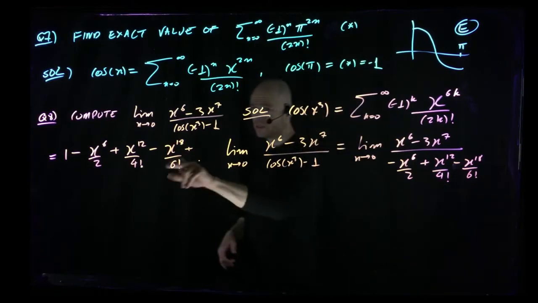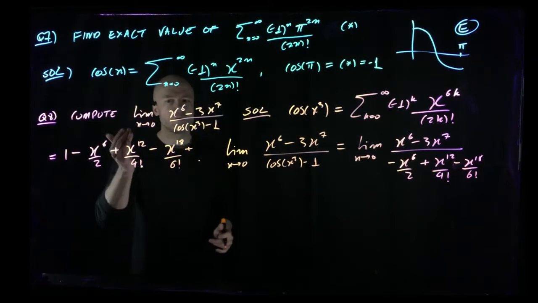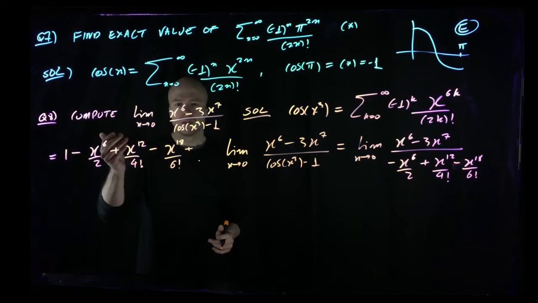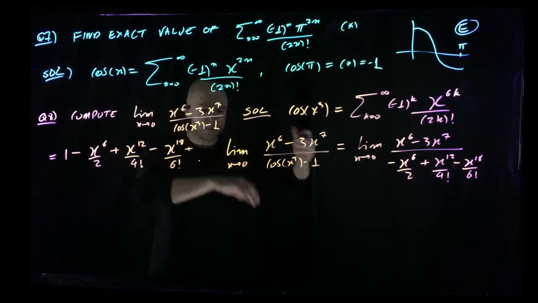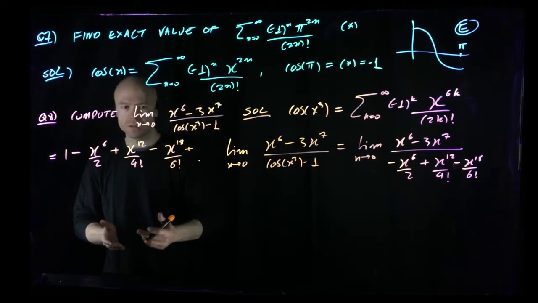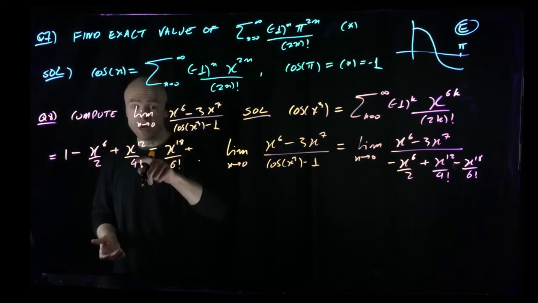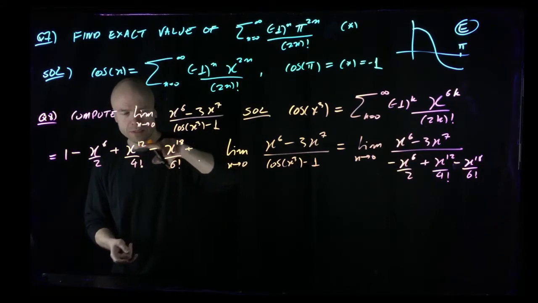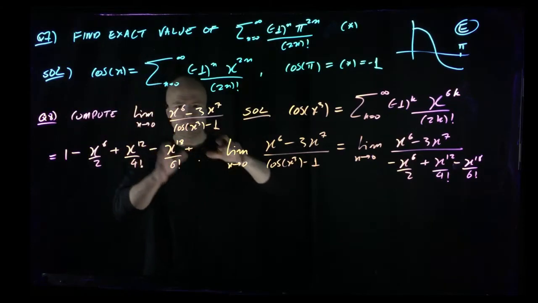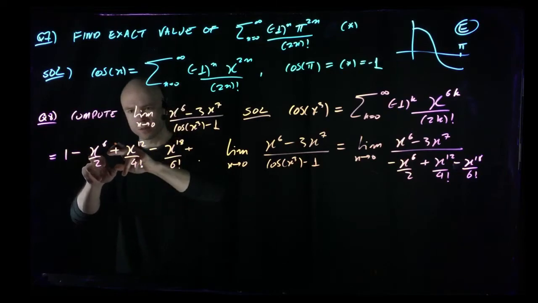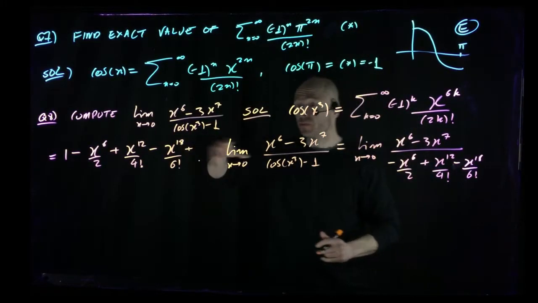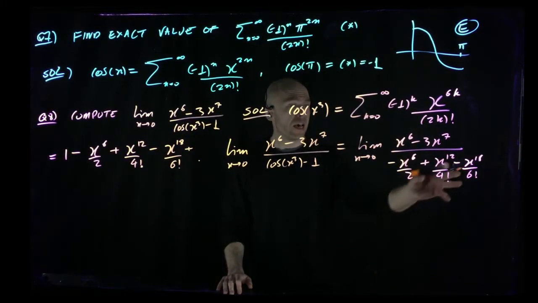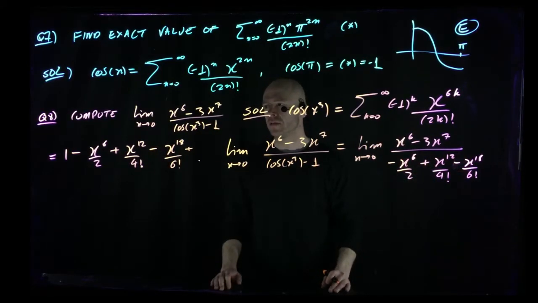But notice all of these things to the right are going to be higher powers of x to the 6. So from this point onwards, all of these guys are going to be incredibly small compared to this expression right here. So as x tends to 0, we can care less and less about everything to the right of all of these guys.